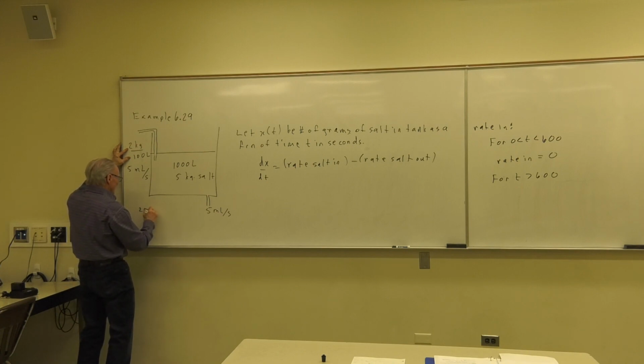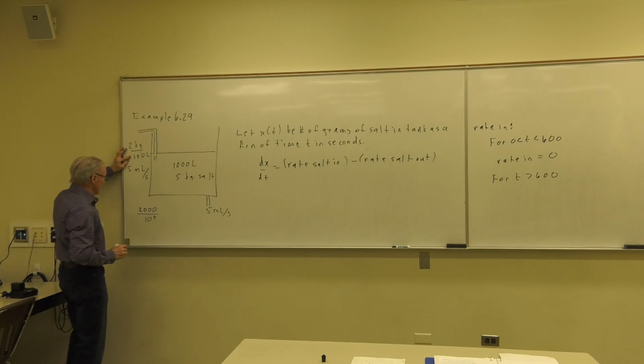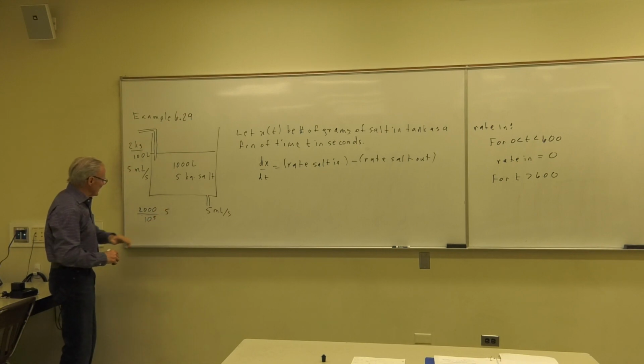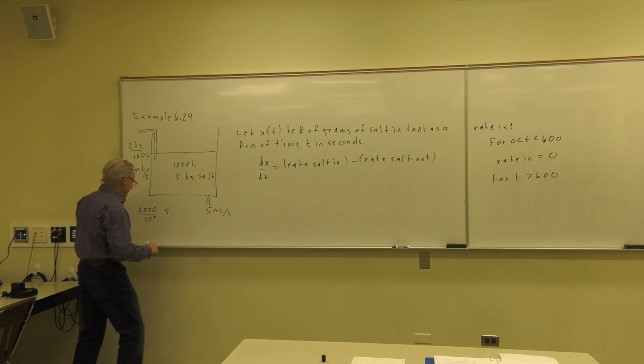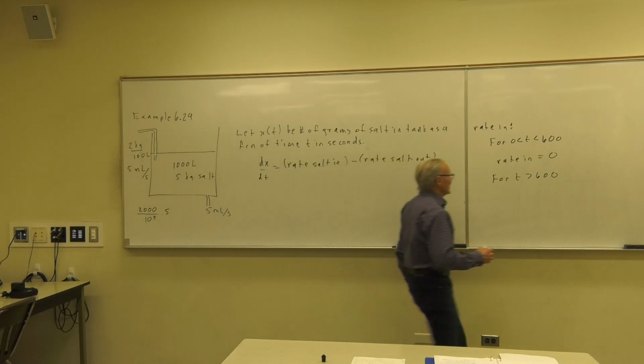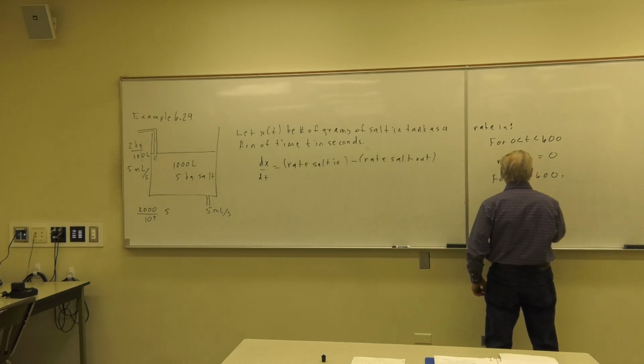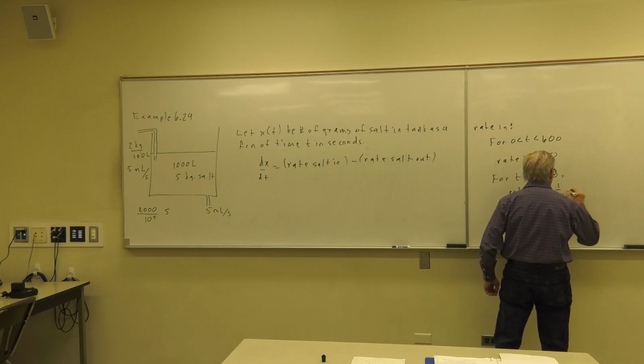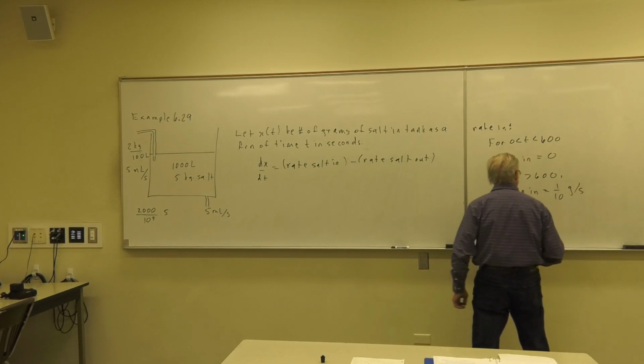To change this into mils, we multiply by 1,000, and then we would do this. That will be the rate in. So what do we got then? That's 1 over 10. Rate in is equal to 1 over 10 grams per second.